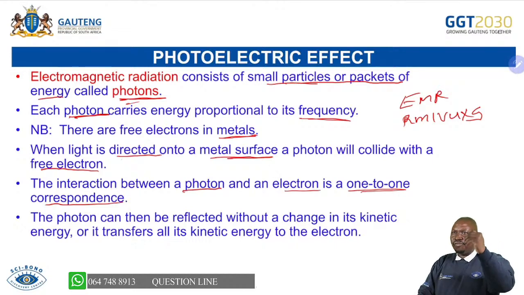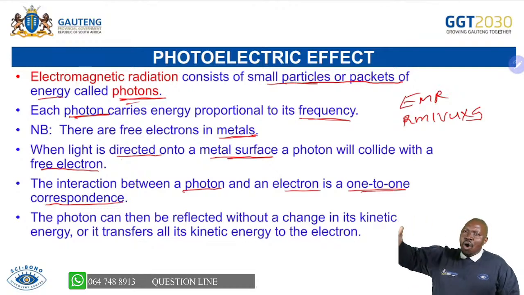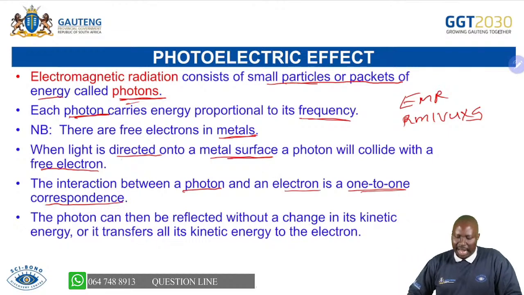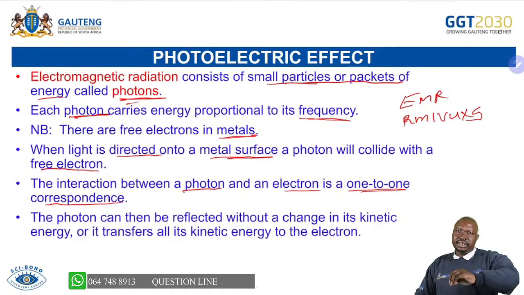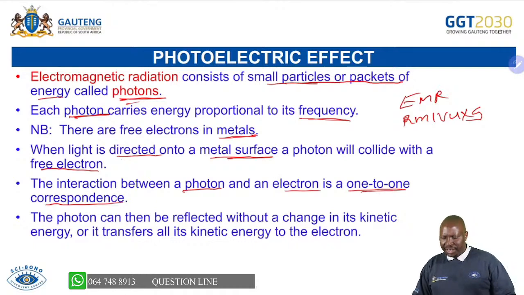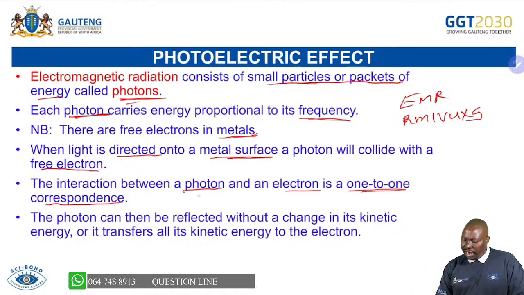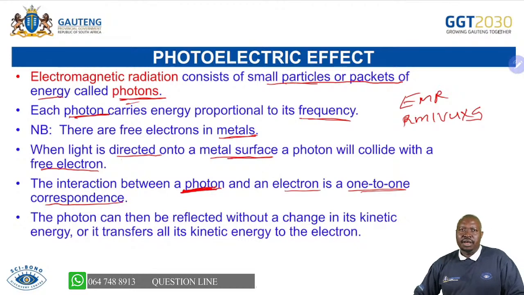And when you increase the number of photons with suitable frequency, they will be able to eject more electrons. This is the question that we ask. So it's important that I emphasize here that when we increase intensity, we're increasing the number of photons, and you will be able to eject more electrons per unit time.